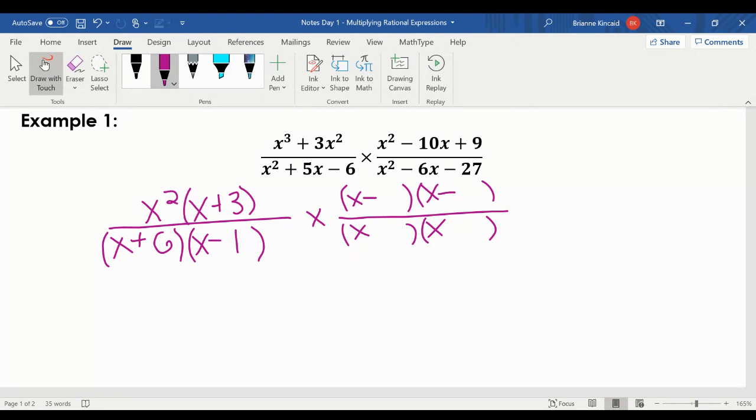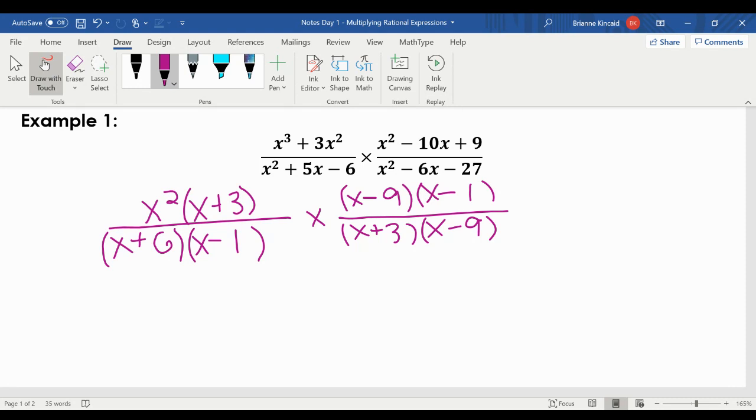Factors of 9 that add to 10, 9 and 1. And then in the denominator, you're multiplying to a negative 27, tells you your signs are going to be different. The numbers that multiply to negative 27 and add to negative 6, that's positive 3 and negative 9. So that's our step 1, factor the numerator and the denominator.